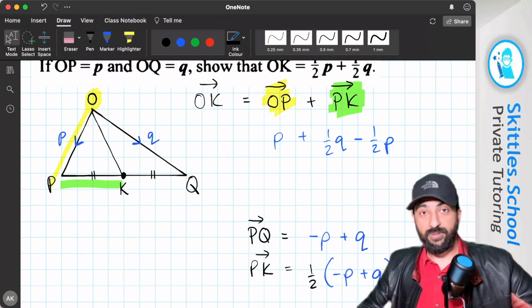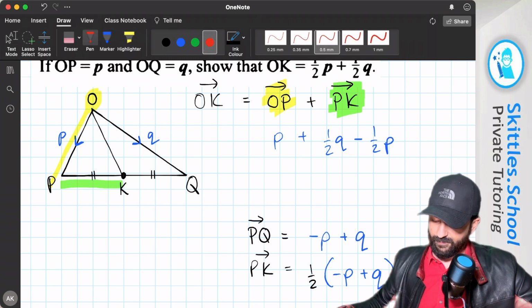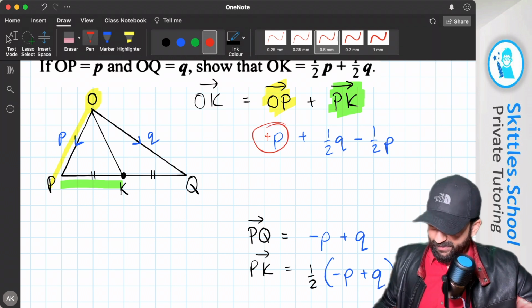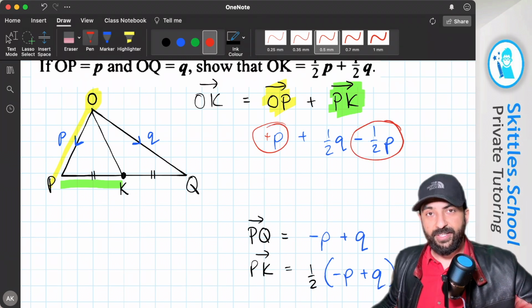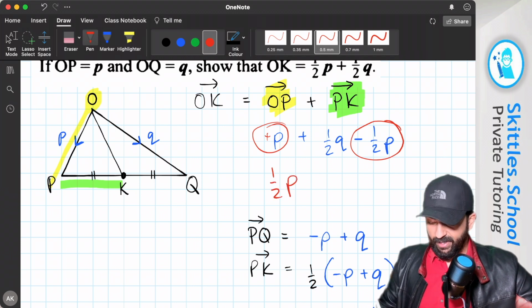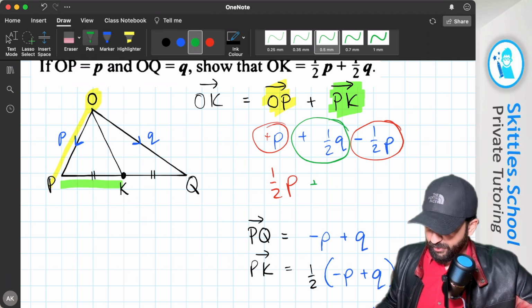Okay, so now we can simplify algebra-like terms. Positive P, take away 1/2 P, is positive 1/2 P. And then we have a positive half Q on its own.